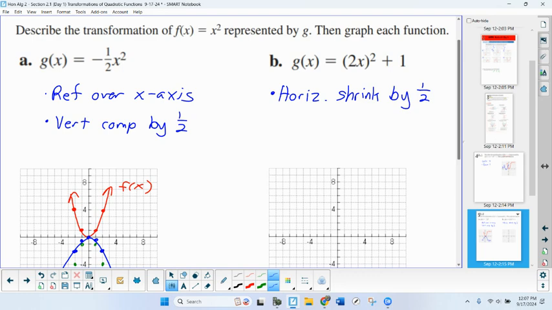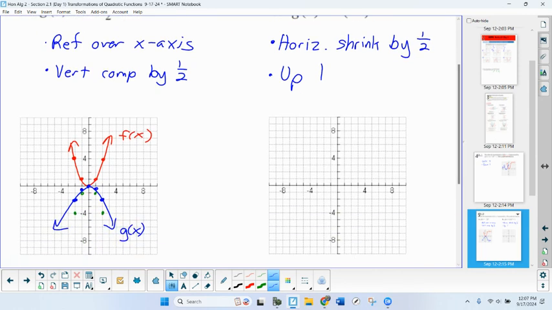And then, Jack, what's the +1 on the outside going to make it do? It's just going to make it go up 1. Perfect. So we described the transformations. Now help me graph the parent function. At negative 2, you go up what? Up 1. What's negative 2 squared? 4.